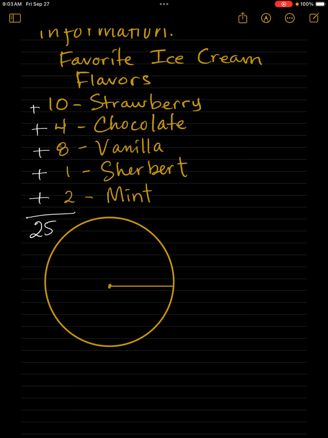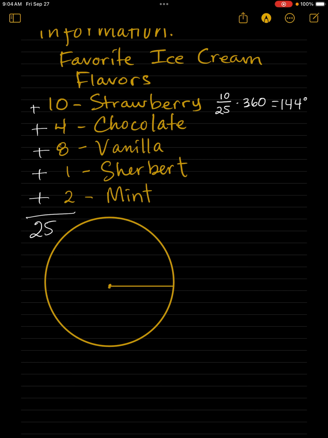Now that we know that, we can figure out the angle for each group. To figure out the angle, we would do 10 divided by 25 times 360 degrees. When we do that, 10 divided by 25 times 360, that gives us 144 degrees.